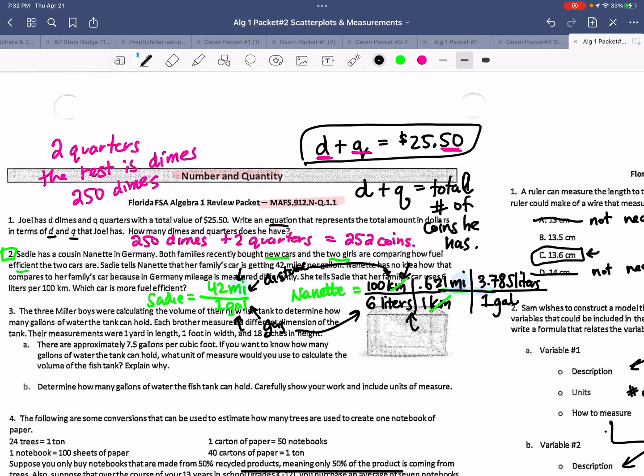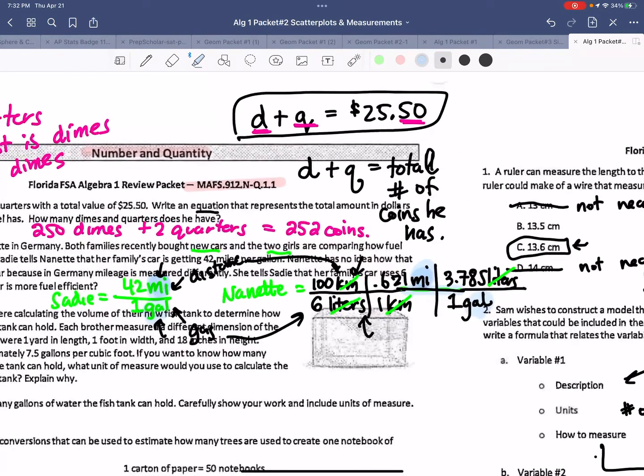So, can I cancel this? Yeah, liters and liters cancel. So I get my answers in miles per gallon. So I can compare Sadie and Nanette. I just need to get this in the same labels, which I have.